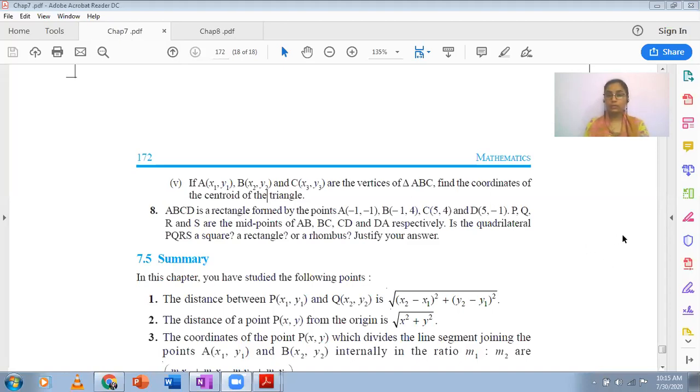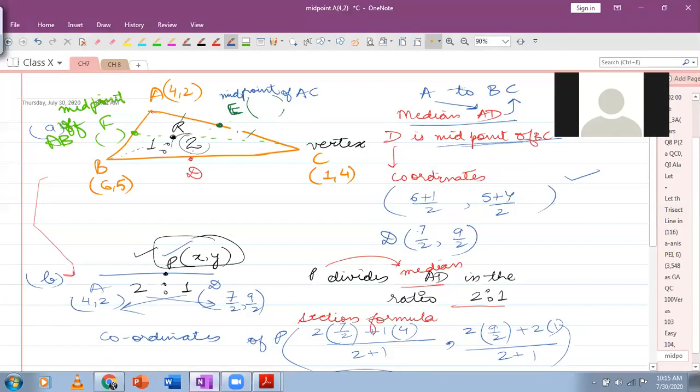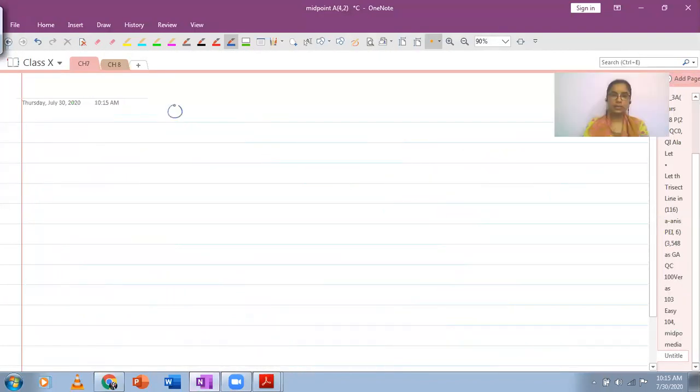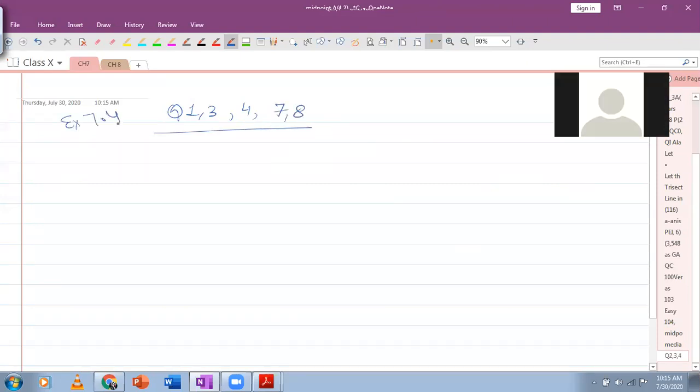You are talking about exercise 7.4, right? Yes, ma'am, optional. हाँ जी, optional exercise में से आपको करना है question number 1, question number 3, question number 4, question number 7 and question number 8. Okay, ma'am. Thank you, ma'am.